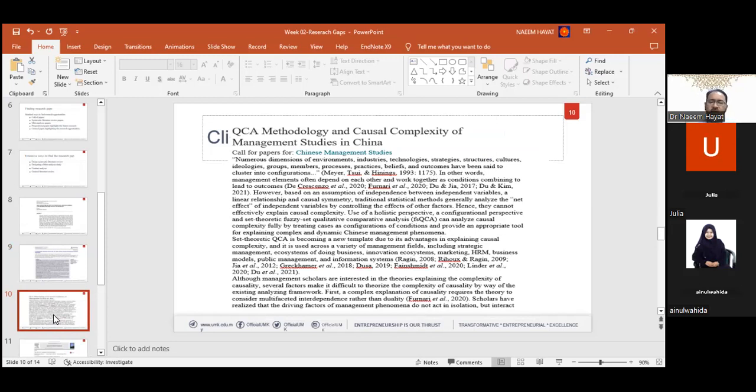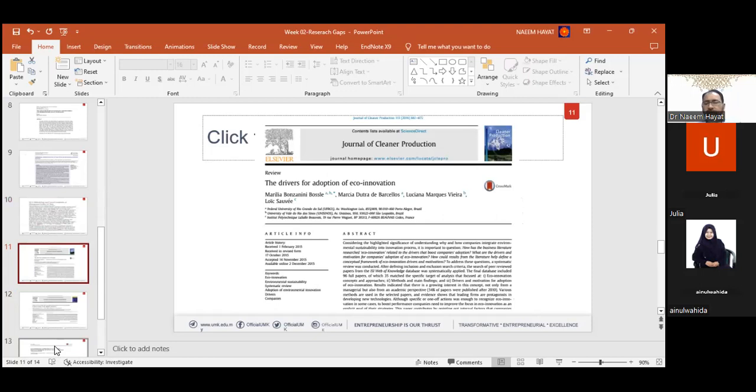It actually shows us how the variables mix with each other so that they can make sense or make the outcome possible. So fsQCA or QCA kind of models or methodologies are a new breed of research method that enable us to expose and explore the topic more in depth, where regression-based analysis does not give any answer.